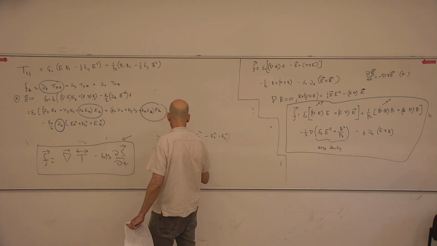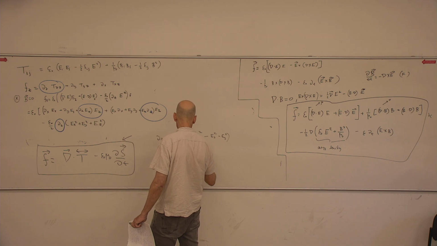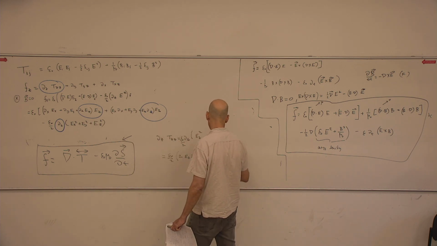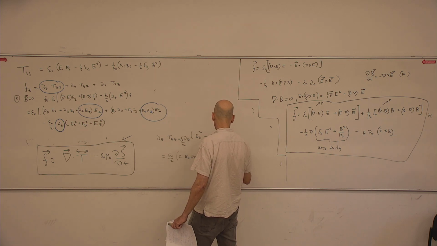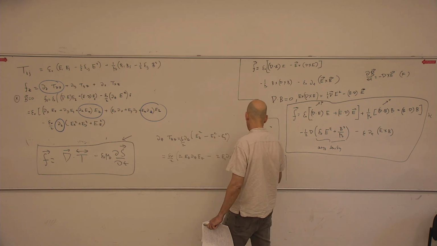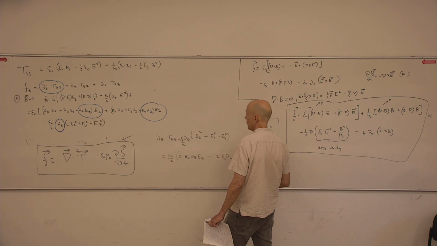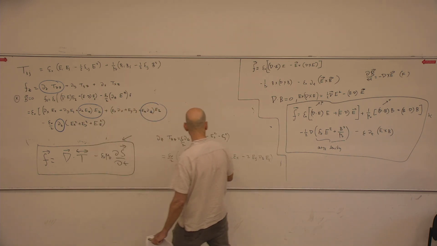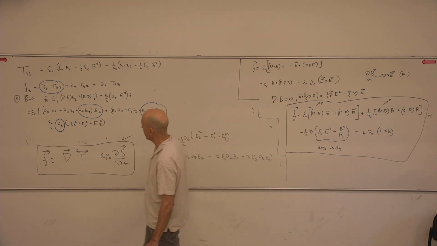This is 2 Ez d/dz Ez minus 2 Ex d/dz Ex minus 2 Ey d/dz Ey. And first of all, the 2 and the 2 and the 2 go away.